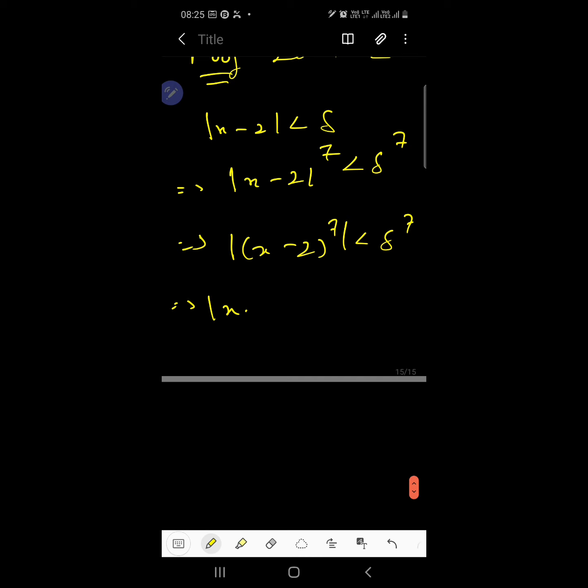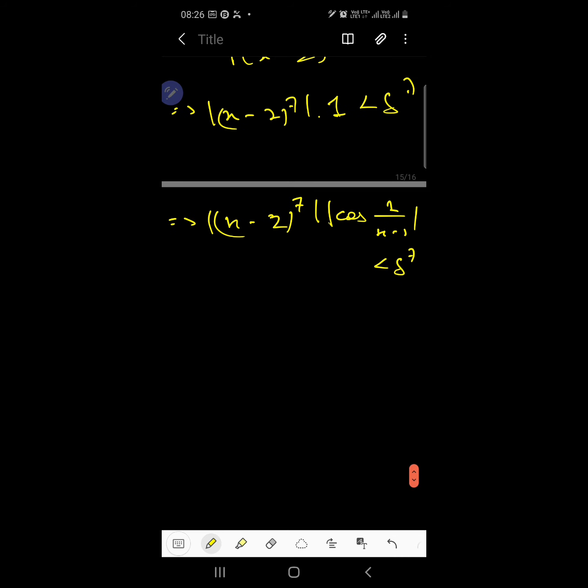That implies |x − 2|^7 times 1 is less than δ^7, replacing 1 with |cos(2/(x − 2))|, it is less than δ^7.